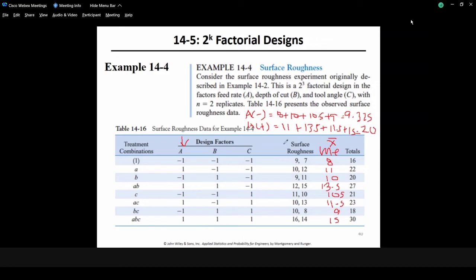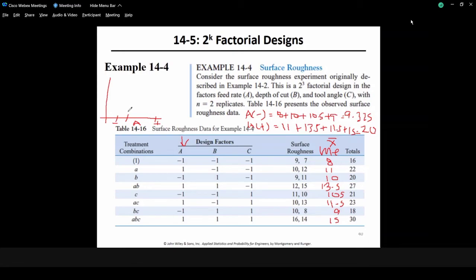Okay, so you plot this, you plot like this. You plot A negative, and then this is A plus. A negative 9.375 here.